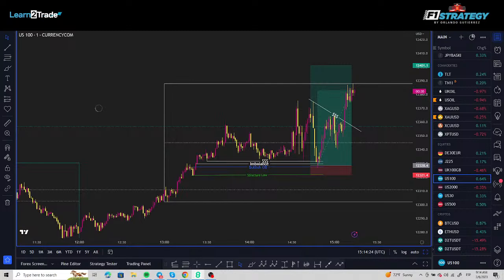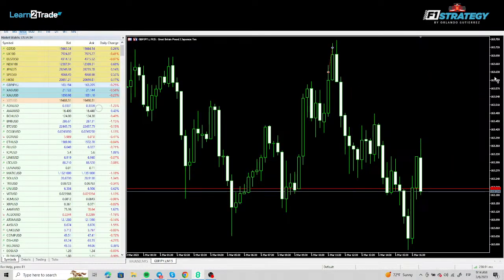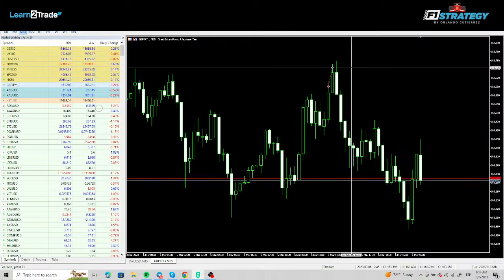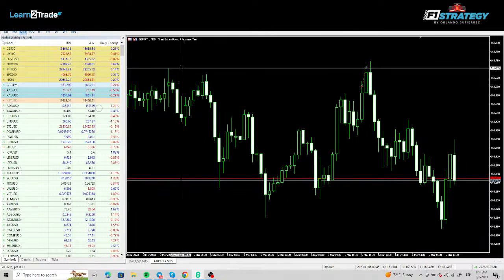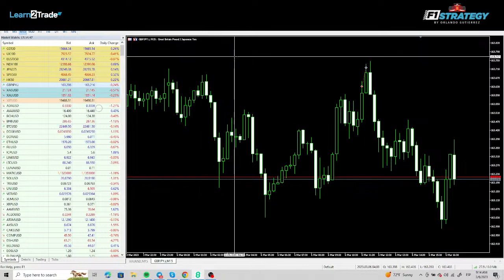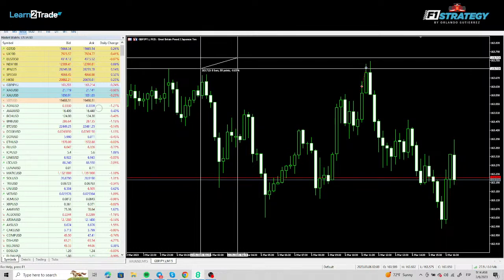In hindsight, there's a couple of things I could have done better, but the trade was really not bad. I got stopped out here. Maybe my stop loss was too tight by 3 pips, so next time I'm going to account for that and give it 5 more pips above my structure high in this case.